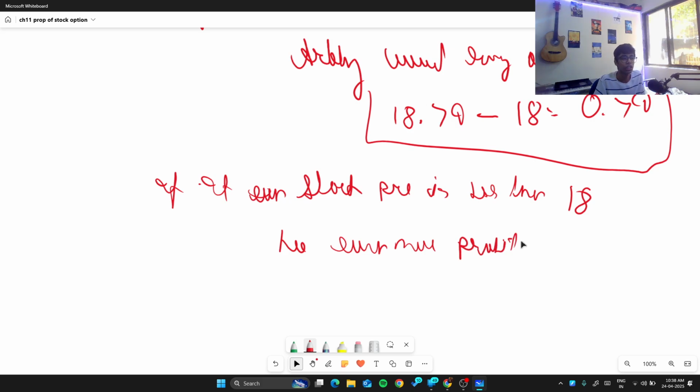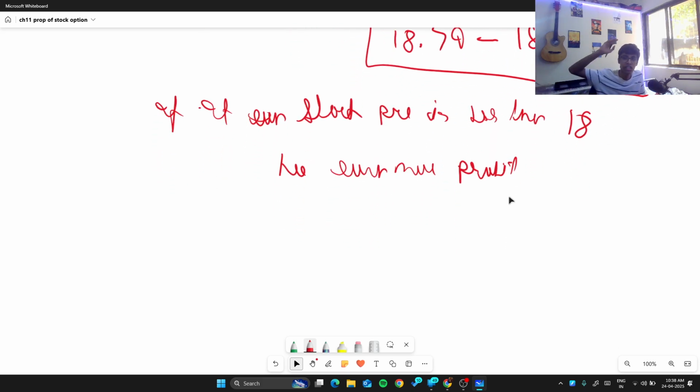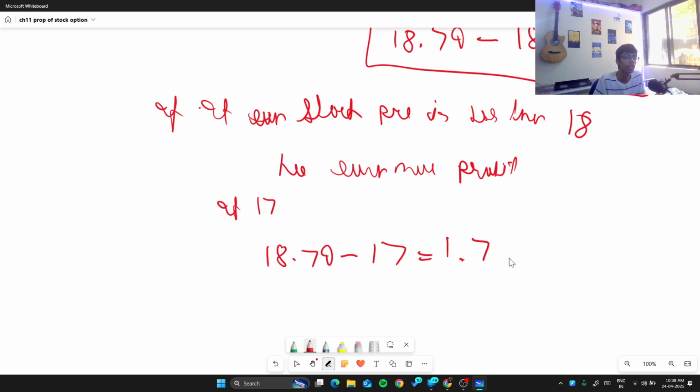Intuitively, he sold high and buys low. Let's say it is 17. He has 18.79 rupees in the bank account and buys the stock for 17, so he made 1.79 of free money. And if it is 15, then he will make even more money.